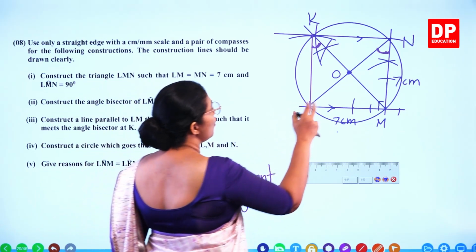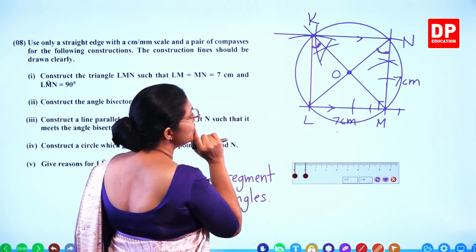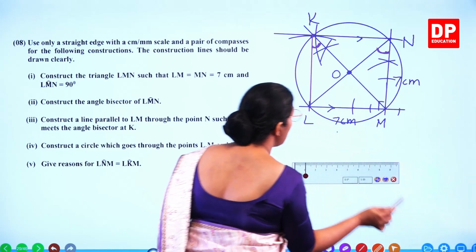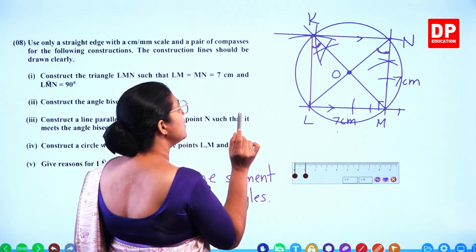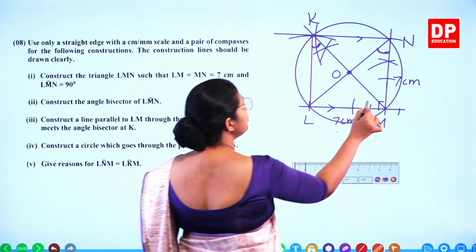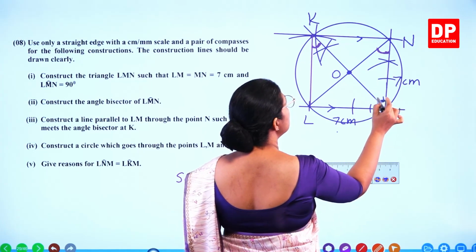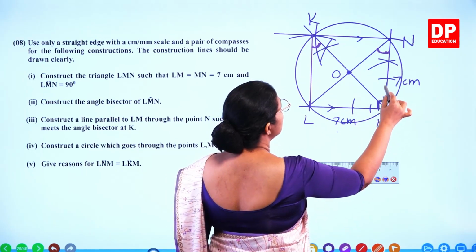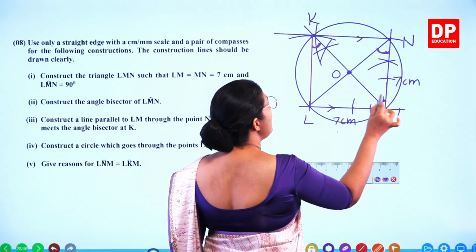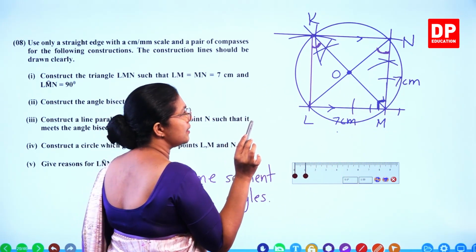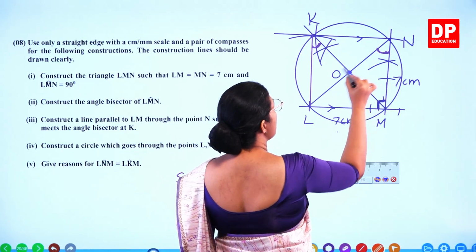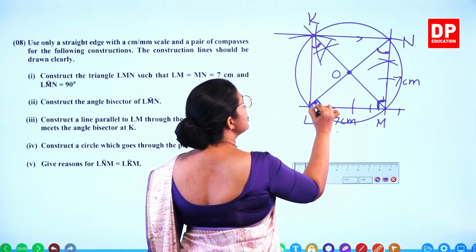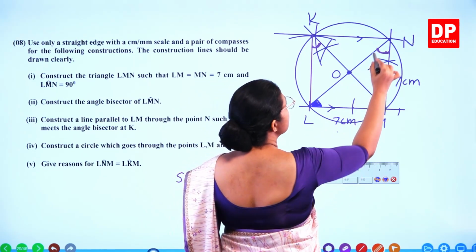Or if you have not seen that, you can use another method to find out whether these are equal. You can see that when you draw the circle, LMN is an isosceles triangle because these two lengths are equal. This angle is equal to this angle.